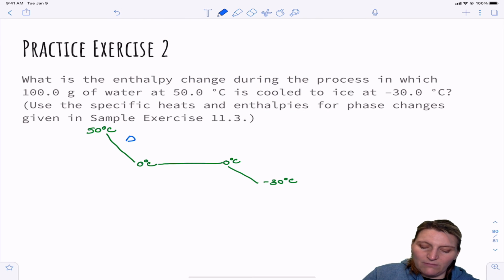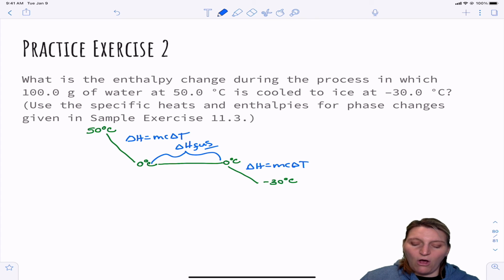Remember the slanty parts, this is where we do delta H equals MC delta T. And then this right here would be the delta H of fusion, right? You can use all of the numbers that are in that first practice exercise that we did. So you should go ahead, do out all these calculations, right?